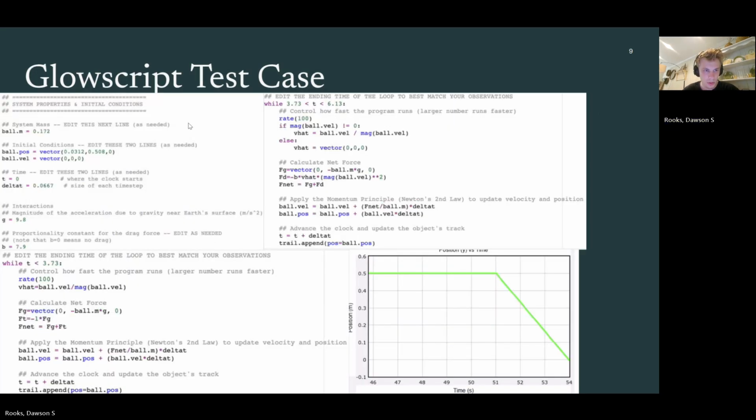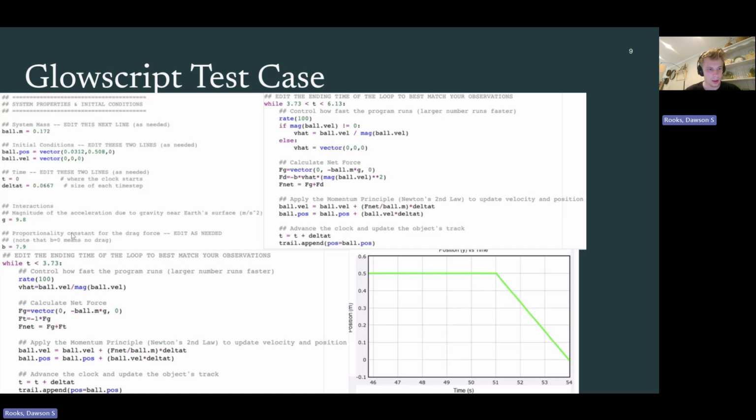So here's the GlowScript test case. There's the output from the GlowScript, but as you can see, we have our various principles on this top right end. To our top left, we have the initial conditions, including the mass, which, for a Slinky in general, is 0.72 kilograms, as well as where it was relative to where we started the axis of Tracker software.